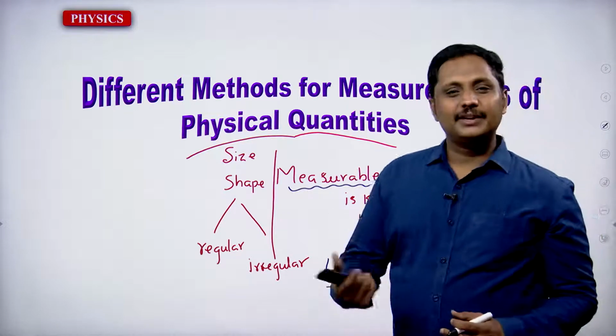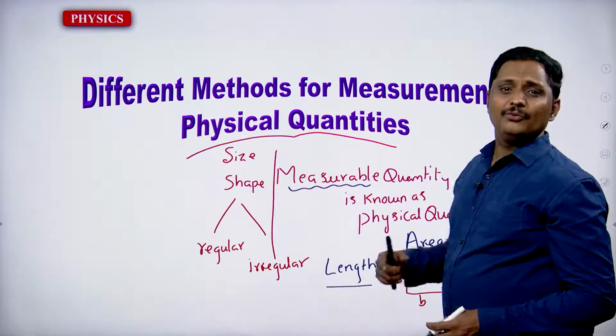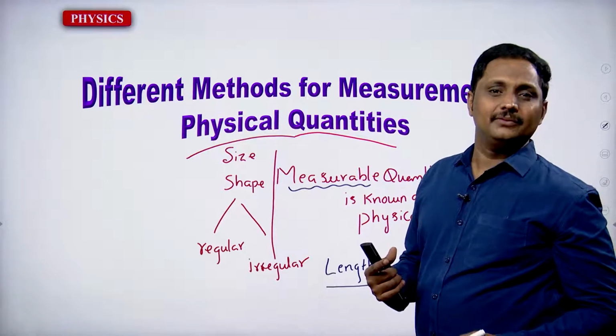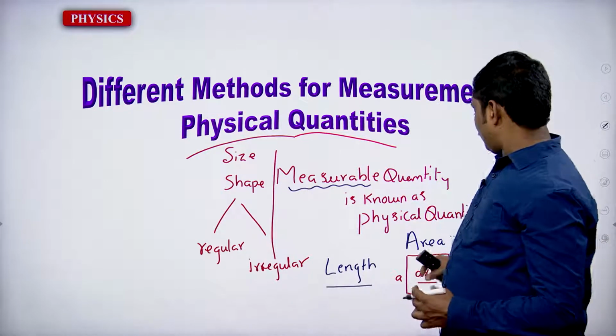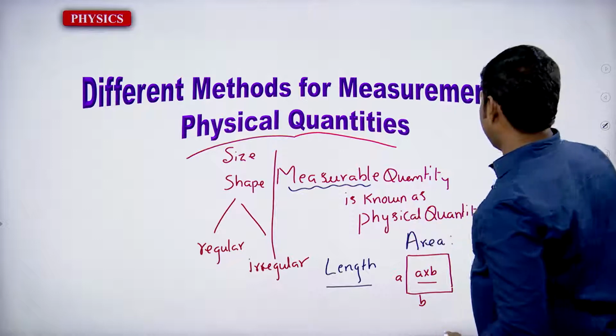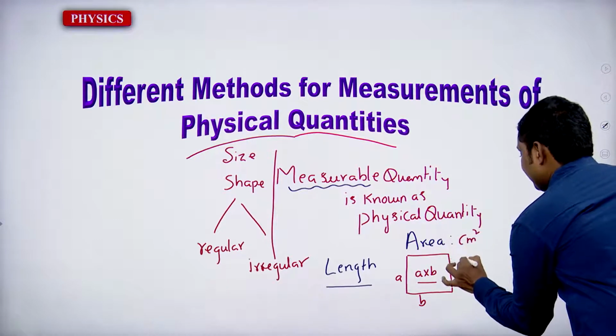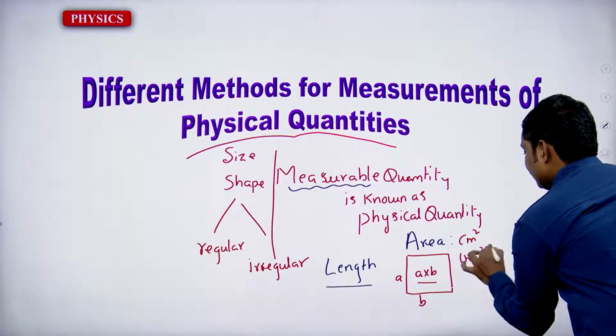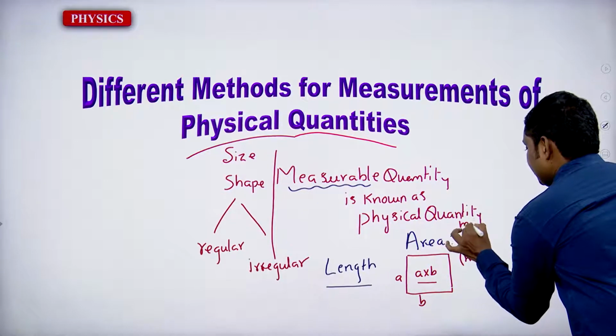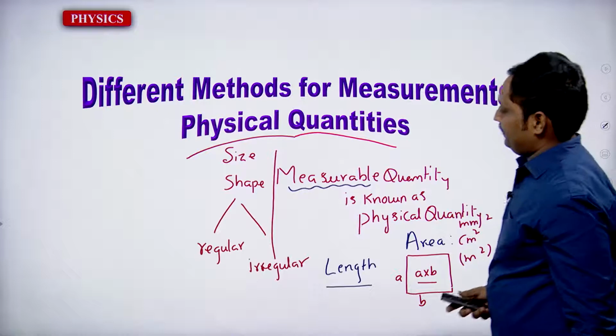We use a system of units for its representation. Area can be represented in centimeter square or meter square, millimeter square, whatever it may be.